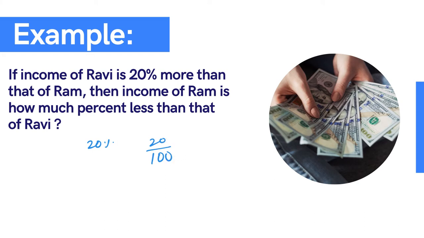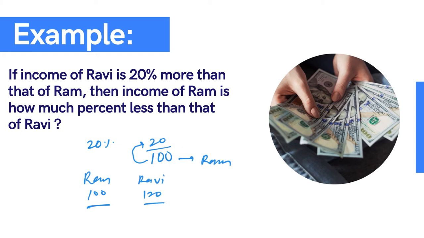So Ram's income is 100 and Ravi's income is 100 plus 20 equals 120. To make it simpler, what can I do? This is 20%, I am writing 20 divided by 100.